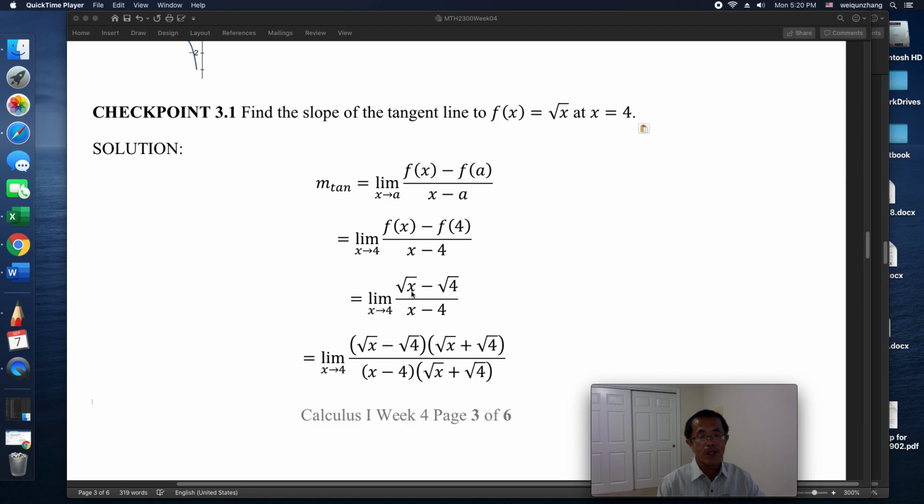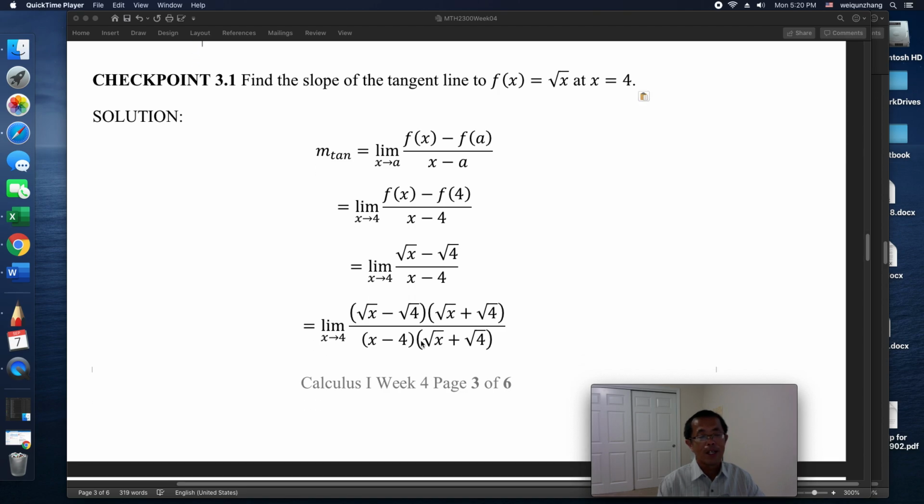So the numerator has a radical conjugate, right? Square root of x plus square root of 4. But to keep this fraction balanced, we do the same for the numerator and the denominator. There is the same conjugate on the denominator. Still, you don't want to cancel them. What I did is multiply the numerator out.